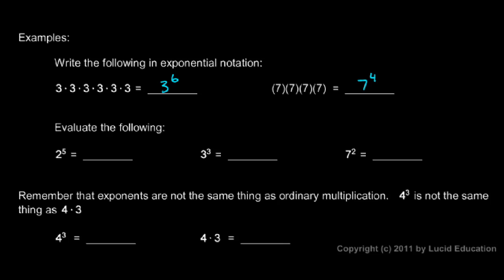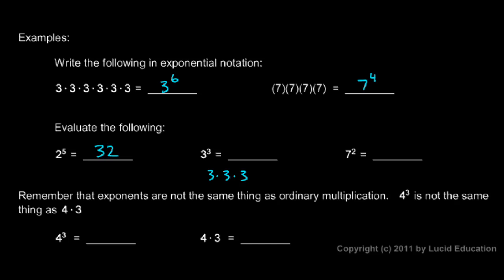Now evaluate the following. 2 to the power of 5 down here. What that means is 2 times 2 times 2 times 2 times 2. So 2 multiplied by itself, used as a factor 5 times. That comes out to be 32. 3 to the power of 3, that's 3 times 3 times 3. 3 multiplied by itself, and it shows up as a factor 3 times.